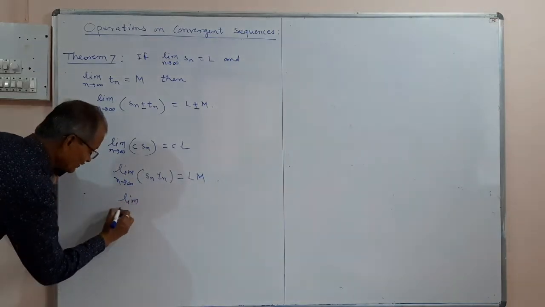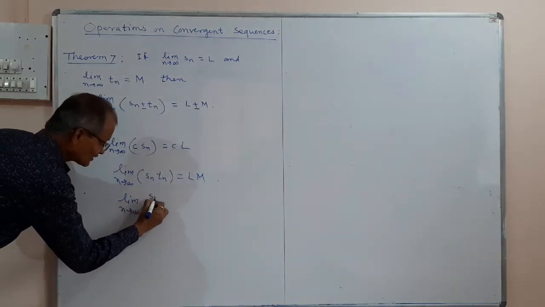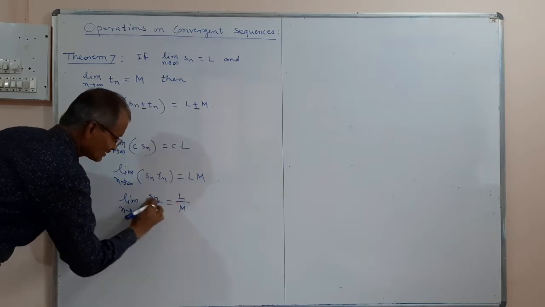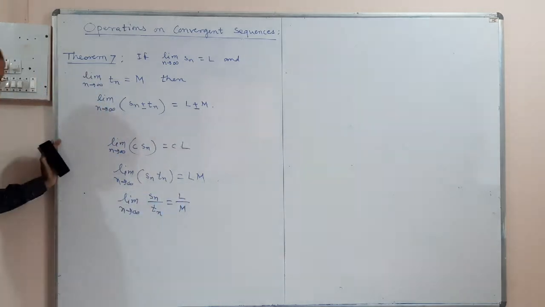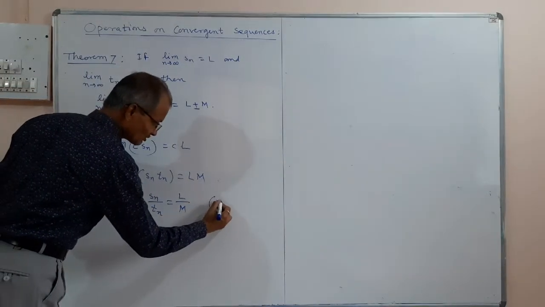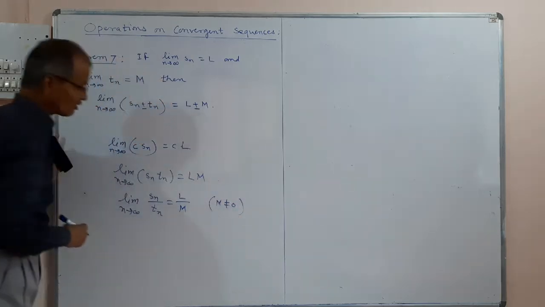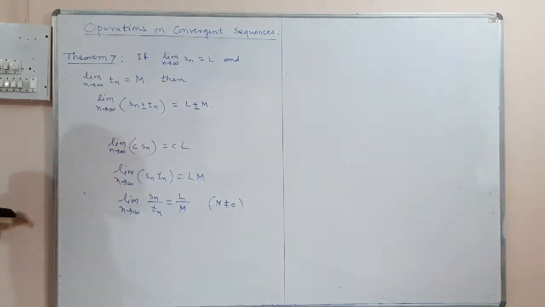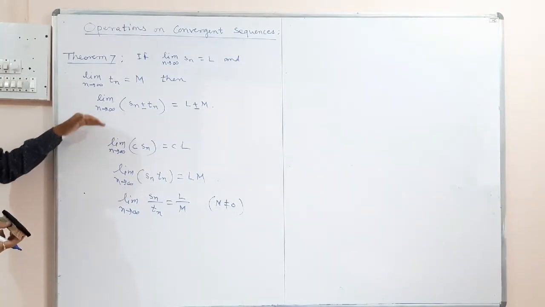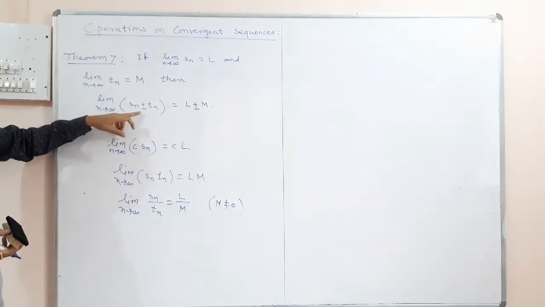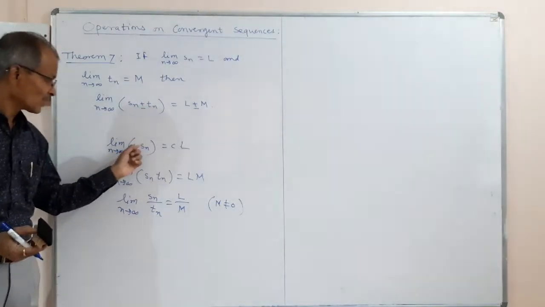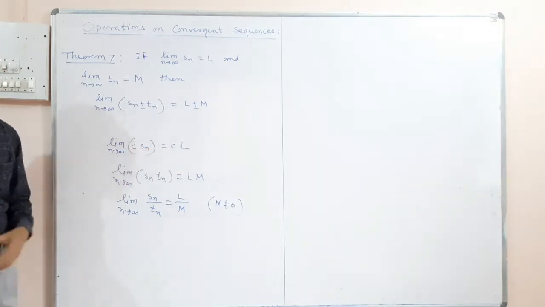And further, the limit as n tends to infinity of Sn divided by Tn will be equal to L upon M. Sn tends to L, Tn tends to M, so the limit of Sn by Tn is L by M. The condition is that M is not 0. So these are the operations on convergent sequences, and there are separate theorems about each result. For plus there is one result, and for minus there is a second theorem. For scalar multiplication, C is a constant. The constant can be written outside the limit, C into L.